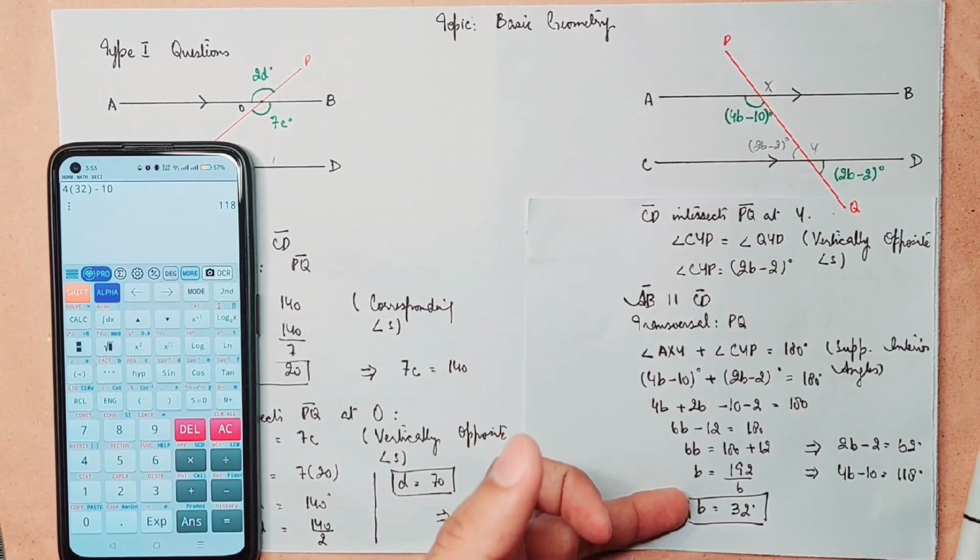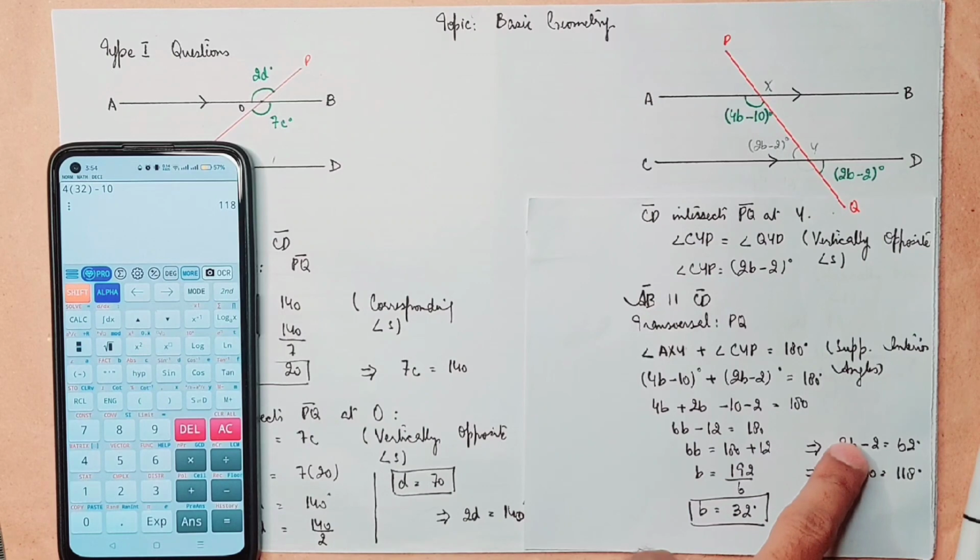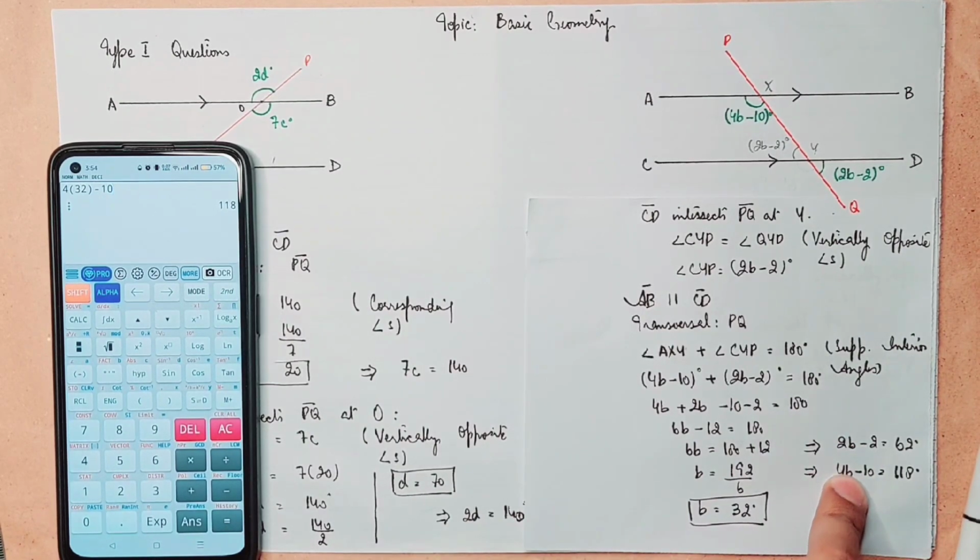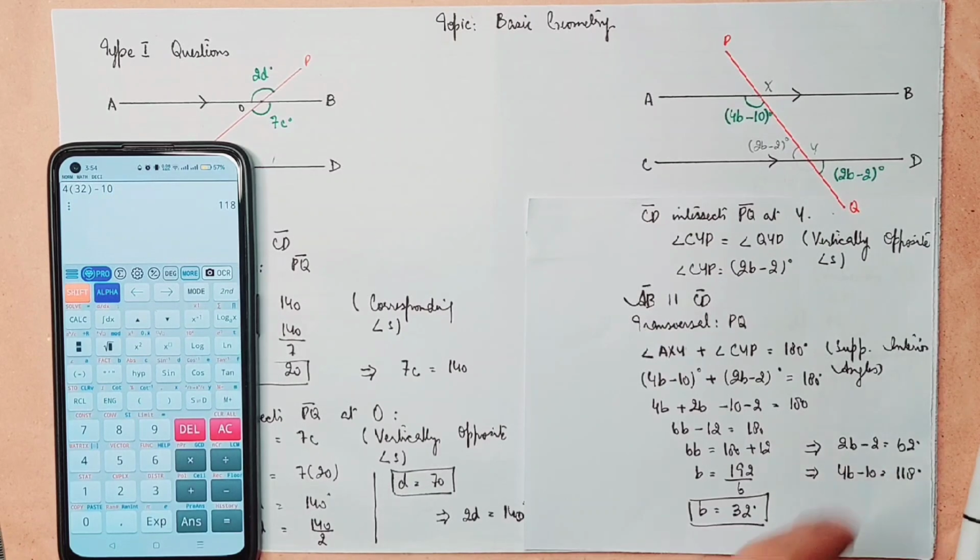This was all for today's lesson. In the upcoming lessons we will meet some different categories of questions, and step by step we will move towards the Cambridge past paper examinations, and we will be solving those types of questions as well.